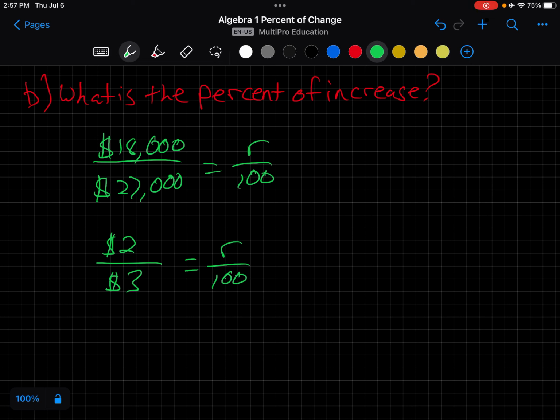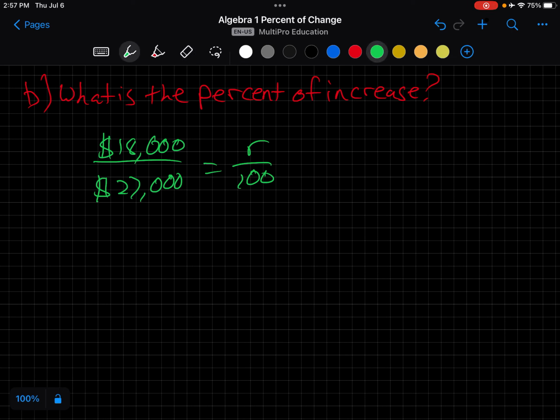So 2 times 100 is 200. Oh, so just write 200 is equal to, well, we have to divide both sides. Yeah, let's go back to what we were doing before.